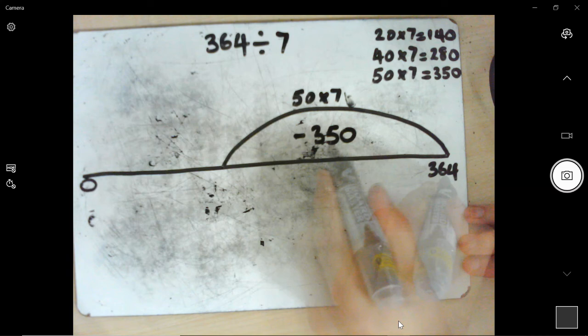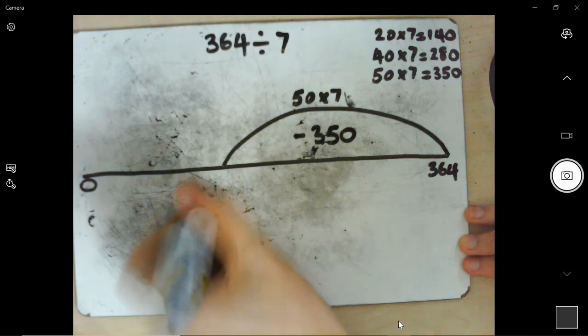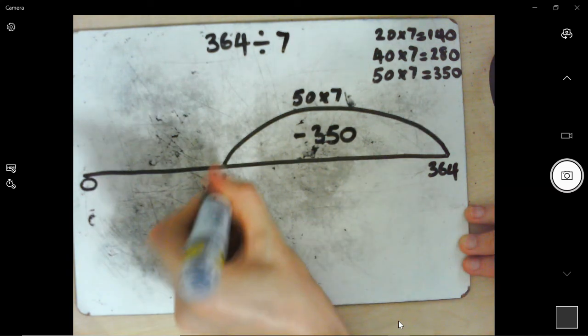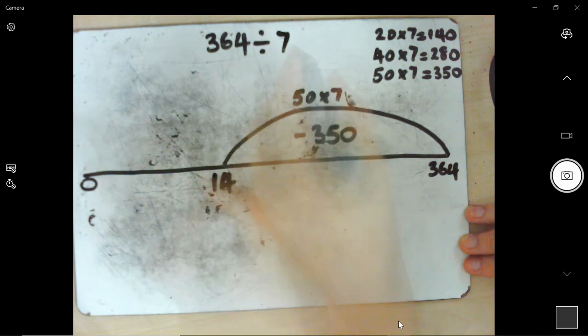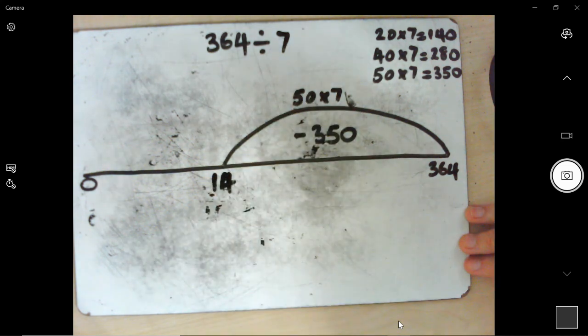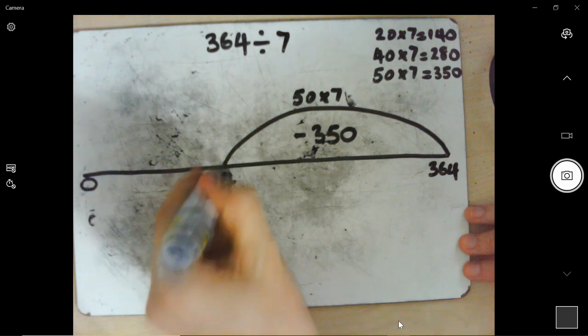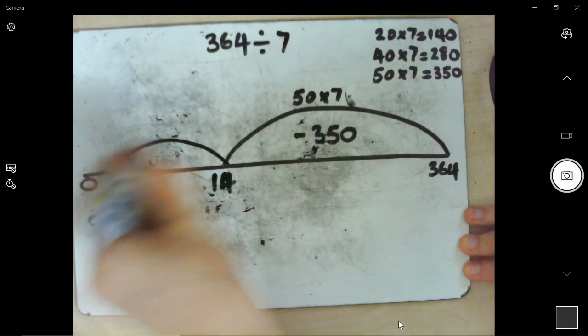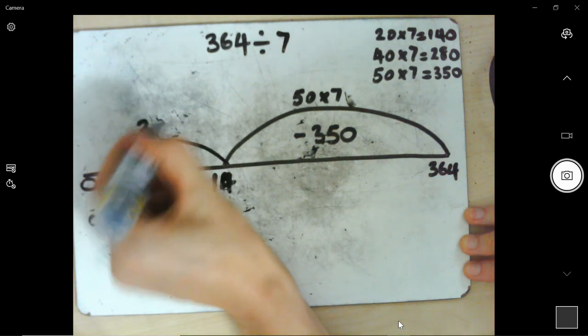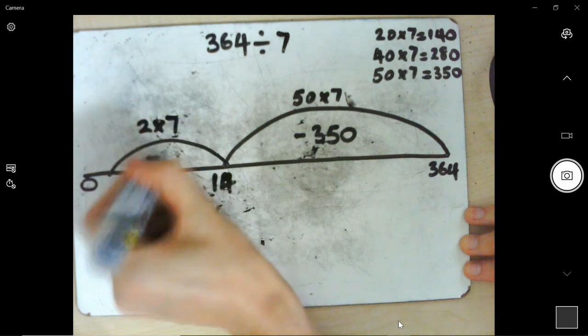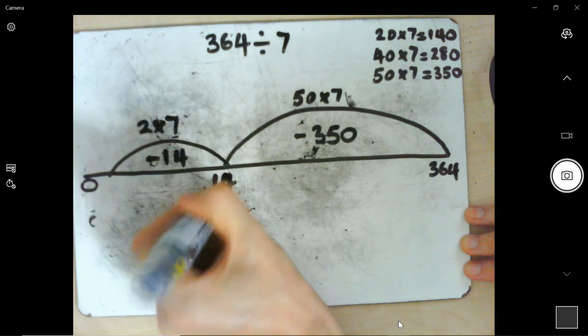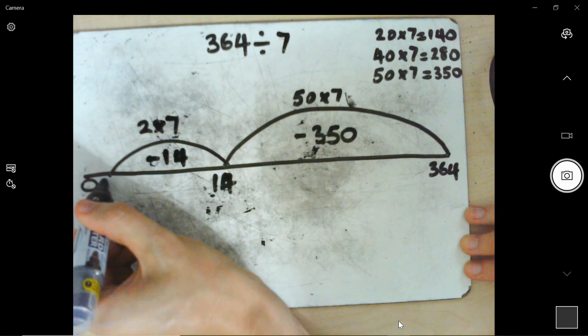364, take away 350, 14. Is 14 in the 7 times table? 7, 14. It is, which means I can now subtract 2 groups of 7. And then 14 take away 14 means that I land perfectly on 0.